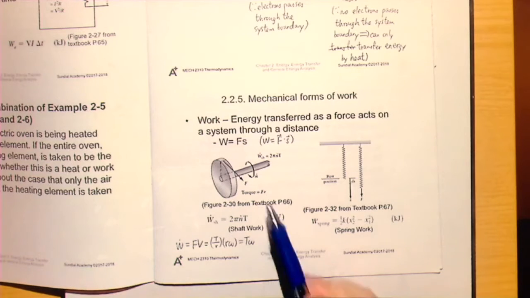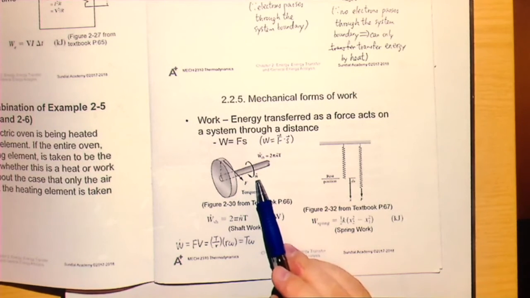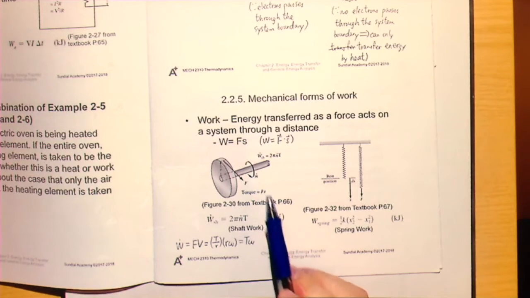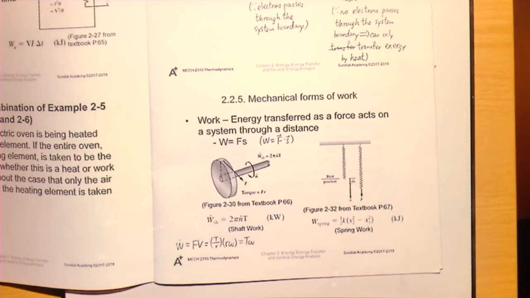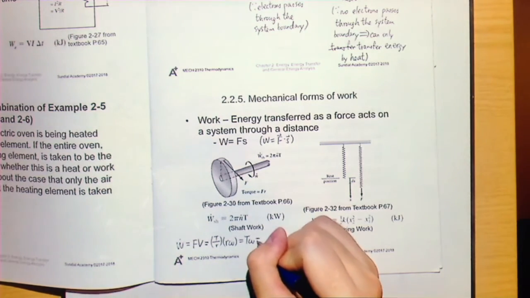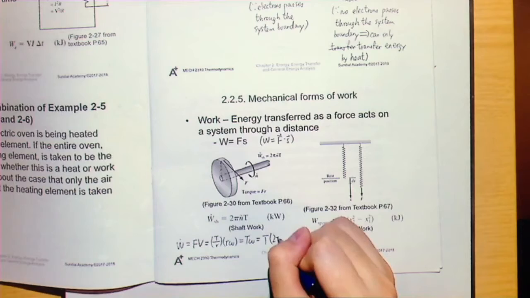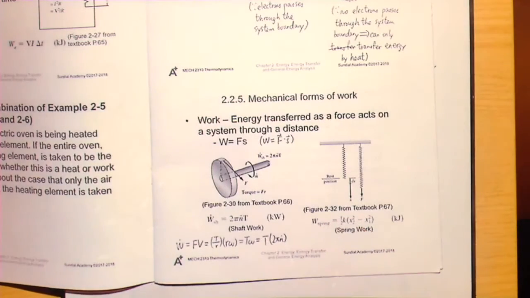This n dot is the number of revolutions per unit time. We can write omega as the angular displacement per unit time, so it becomes 2 pi n dot. Here we have derived the expression 2 pi n dot times T.